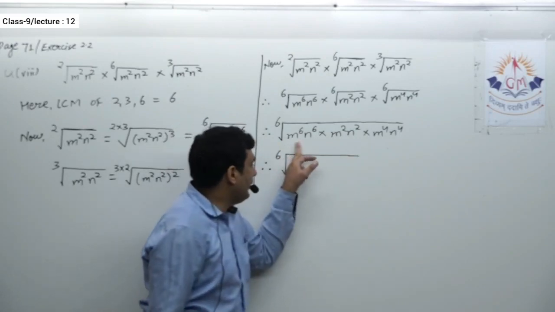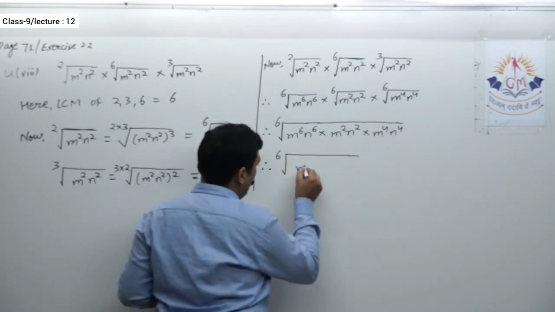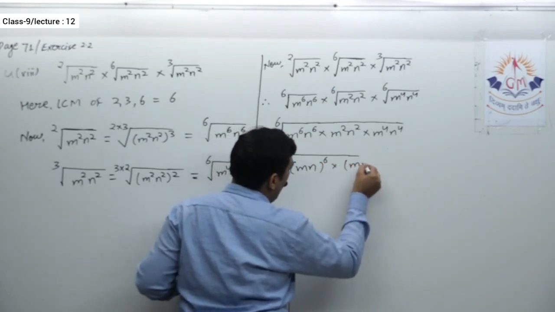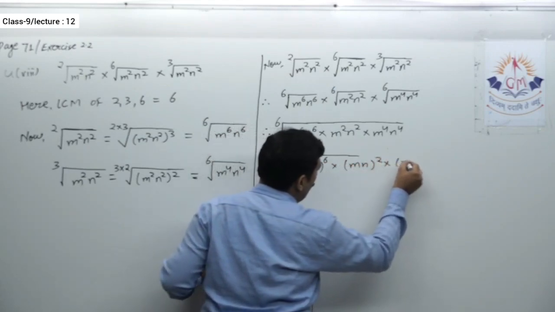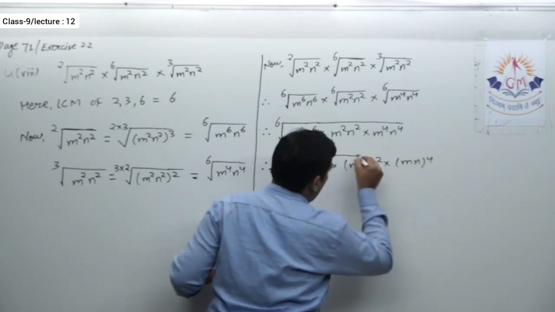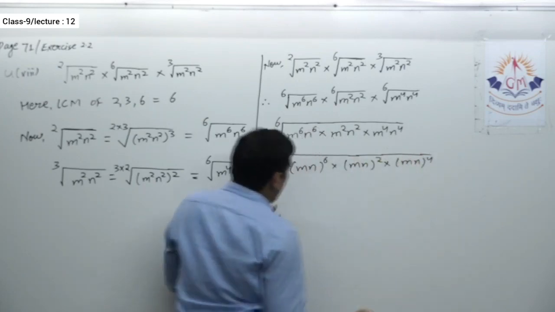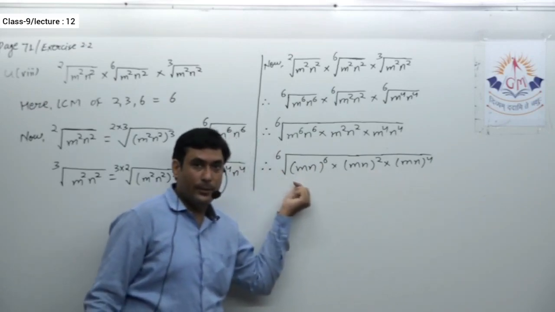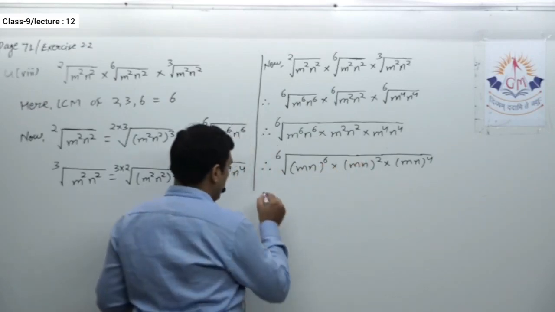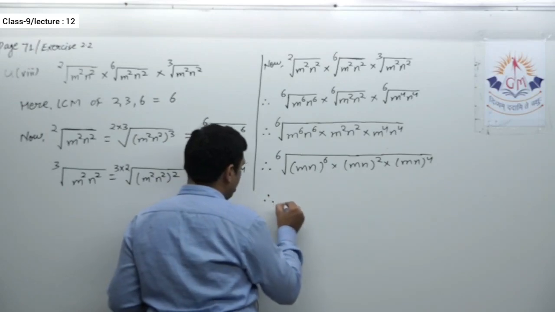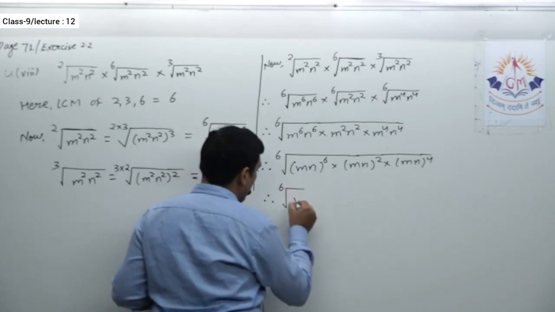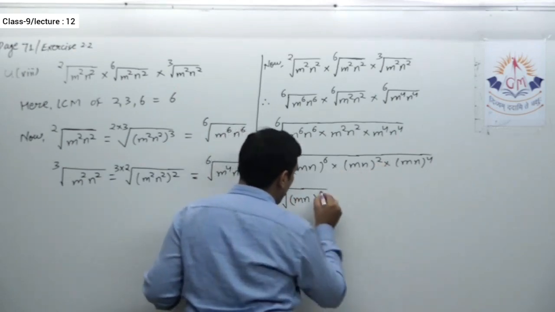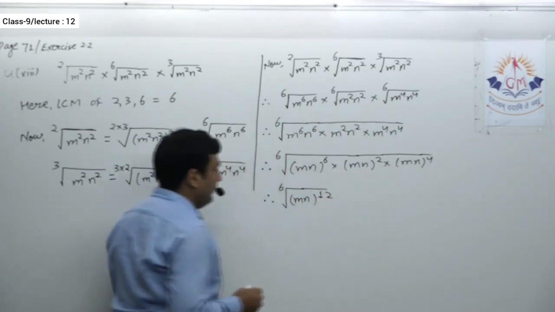Now m raised to 6 n raised to 6, so if I write (mn) raised to 6, this is (mn) raised to 2, and this is (mn) raised to 4. Now over here we can see the bases are same. These three bases are same with the exponent. So here it will become sixth root of (mn) raised to 6 plus 2 plus 4, that is 12.